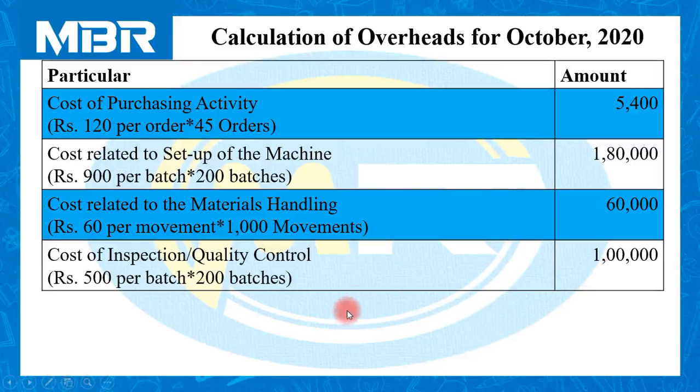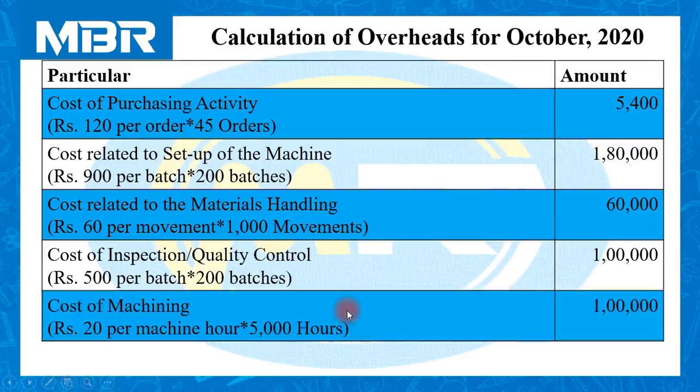And last, the final overhead in this list is the cost of machining. As per our calculation of cost driver rate, the cost of machining is allocated at the rate of rupees 20 per machine hour, and we have utilized 5,000 machine hours during October 2020.